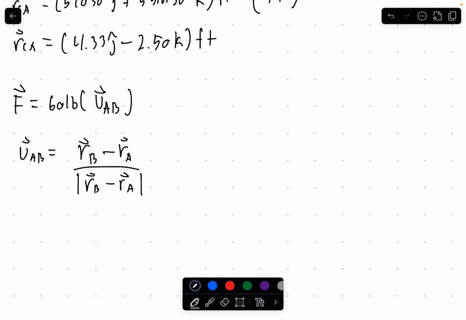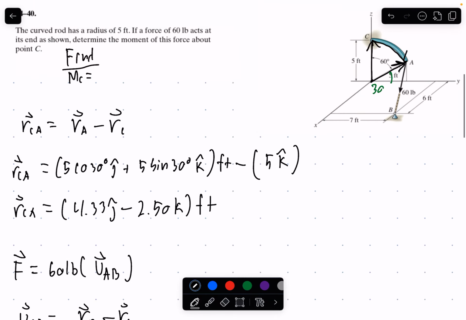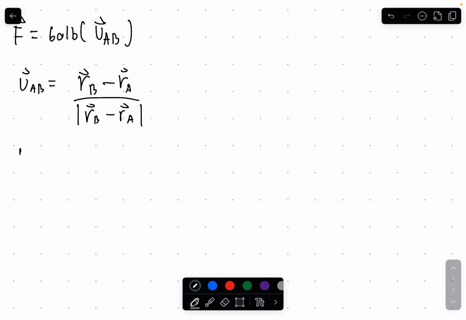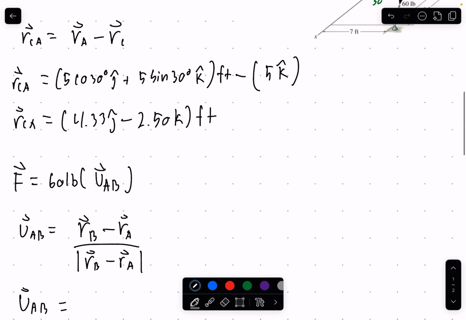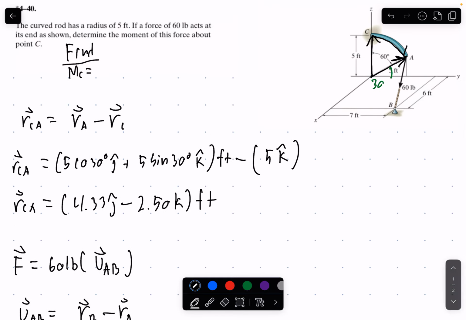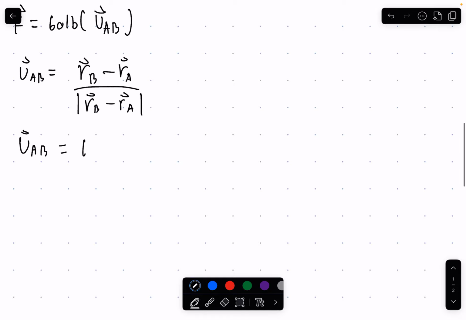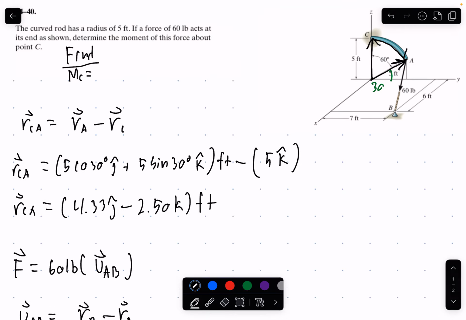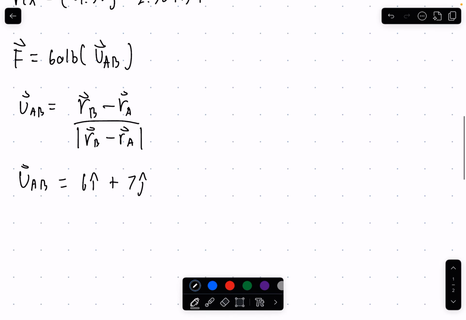So we're finding from the origin to point B, it's going to be 6 feet in the i hat direction, plus, I think it's 7 feet, yes, 7 feet in the j hat direction, and 0 in the k direction here.